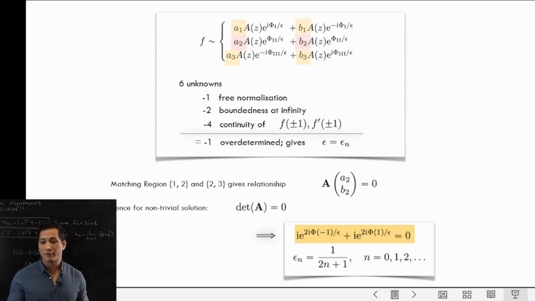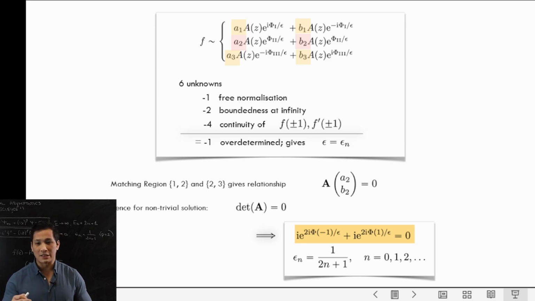So some function of big phi is that square root of the integral of square root of 1 minus t squared. Evaluate at each of the 2 turning points, and then if you substitute the phi function into the yellow highlighted equation, you're going to emerge with the eigenvalue condition, 1 over 2n plus 1.